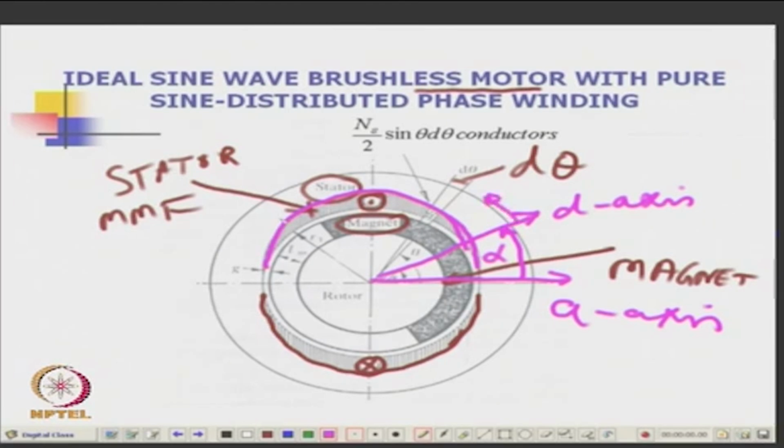The D axis is the pole axis, and the others are the lengths: this is the air gap, this is the length of the magnet, this is the radius R1 at the stator, and this is theta with reference to its own axis.